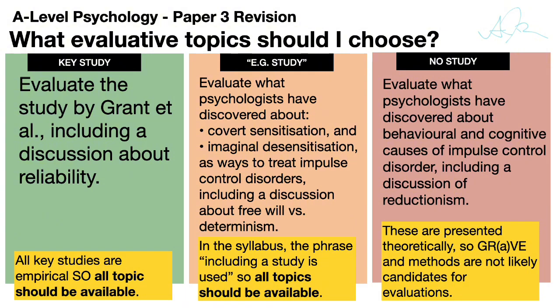When it's no study, it becomes difficult. I would have a hard time with making a very richly detailed describe and evaluate if it's no study. Now, I have presented research for these things, but again, it's not explicitly stated on the syllabus and often will not be explicitly stated on a mark scheme.